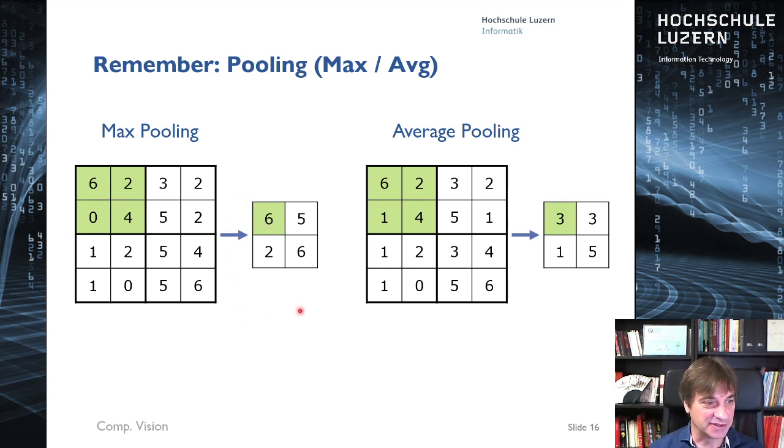So you see you have an image of half the size, and of course you have lost all the information about those non-maximal values. Similar to average pooling, you have the average value here, and again half the size, and again you lost some information, but here you have the average instead of the maximum.